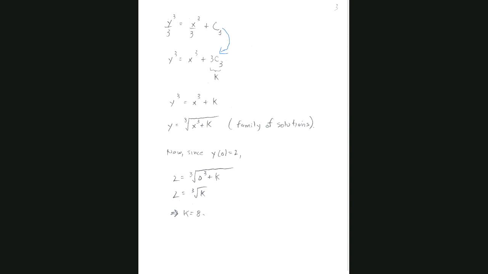I multiplied by 3 on both sides of the equation. I multiplied by 3 here, and I multiplied by 3 there. And by doing so, I get y cubed equals x cubed plus 3 times c3.